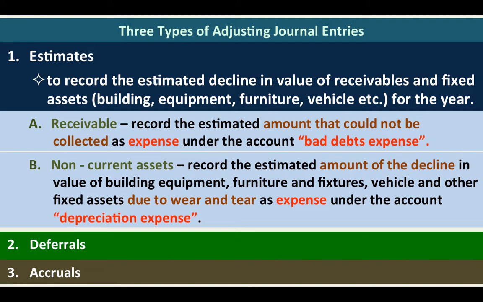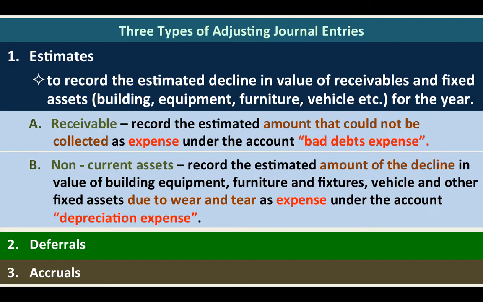And also, we will record with regards to non-current assets the estimated amount of the decline in value of building, equipment, furniture and fixtures, vehicle, and other fixed assets due to wear and tear as expense under the account depreciation expense. So for your non-current assets, ang record natin is yung decline in value.